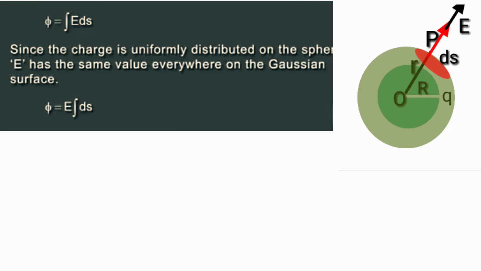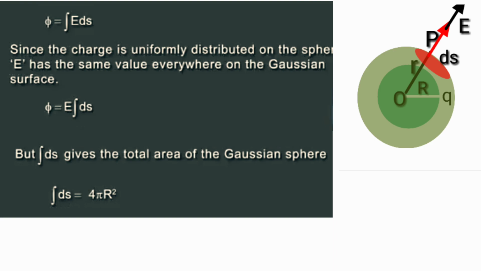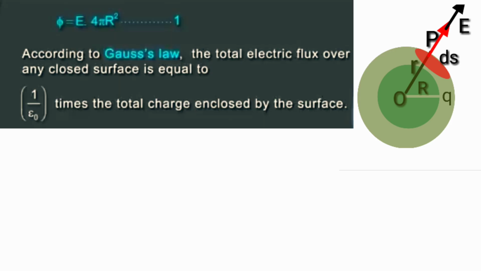So Φ equals E times the integral of dS, and the integral of dS gives the total area of the Gaussian surface, that is the Gaussian sphere, which is 4 pi r squared. So Φ equals E into 4 pi r squared, considered as the first equation.